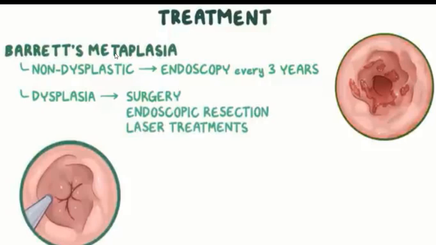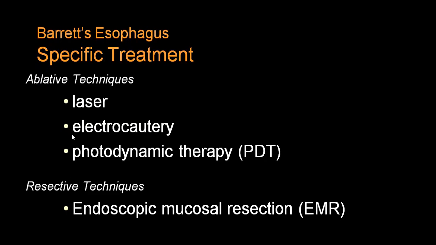Whenever there is a Barrett metaplasia, non-dysplastic or dysplastic variety, always get a biopsy done and look for malignant changes. You can go for endoscopic resection or laser treatment. Laser treatment, electrocautery or photodynamic therapy is an ablative therapy for Barrett esophagus, or you can go for endoscopic mucosal resection.